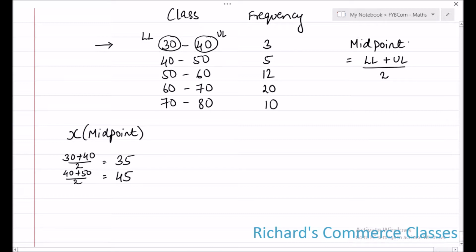Doing the same thing for the remaining classes, 50 plus 60 divided by 2, that is 55. The next will be 65, and finally 75. The frequency column we will copy as it is by denoting the symbol F and writing it, copying from our table above. It will be 3, 5, 12, 20, and 10.